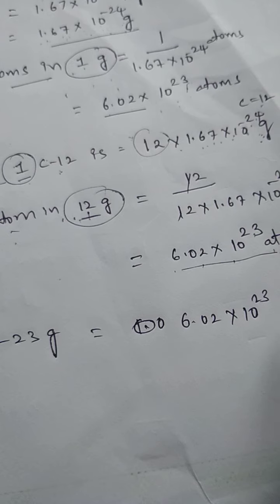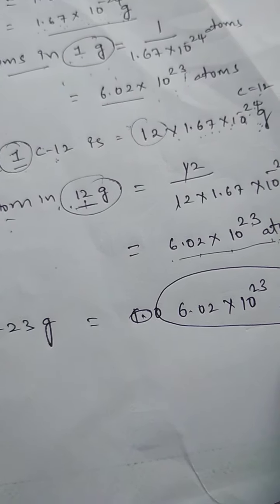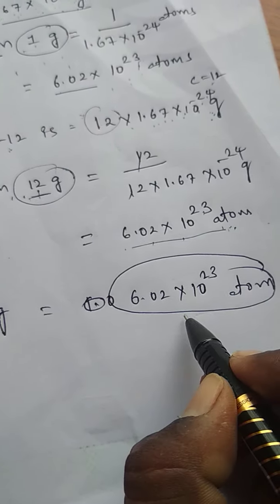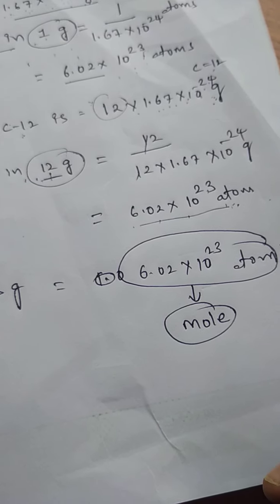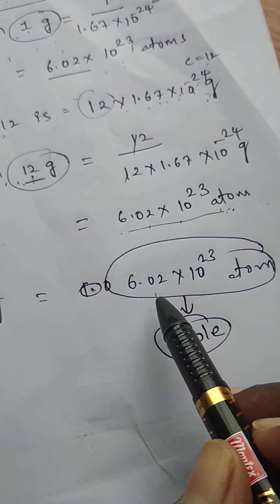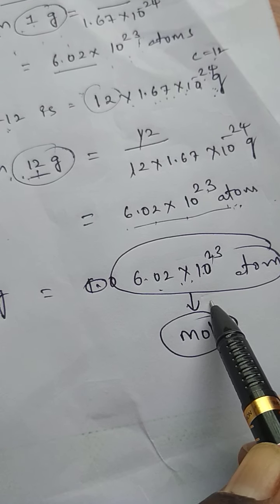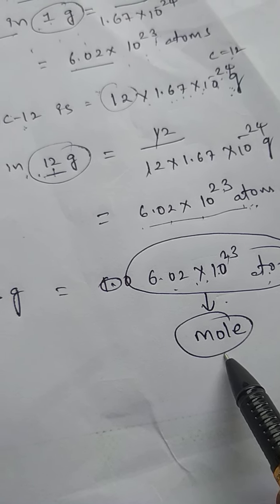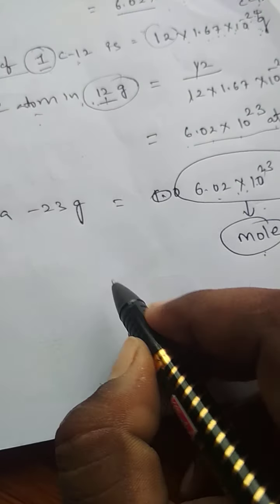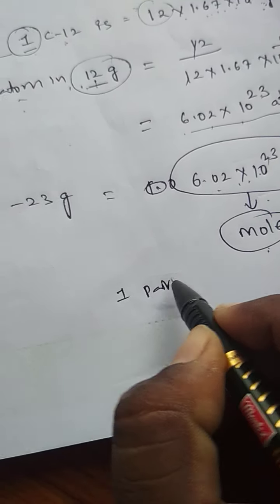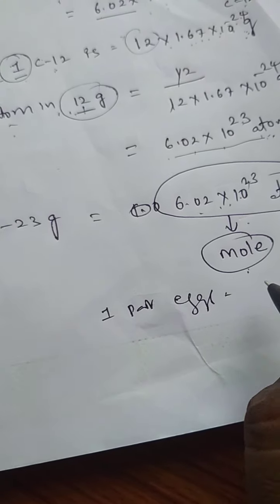So this 6.023 into 10 to the power of 23 is called a mole. What do we call a mole? 6.02 into 10 to the power of 23 atoms is called a mole. For example, one pair of x is equal to how many x? 2x.